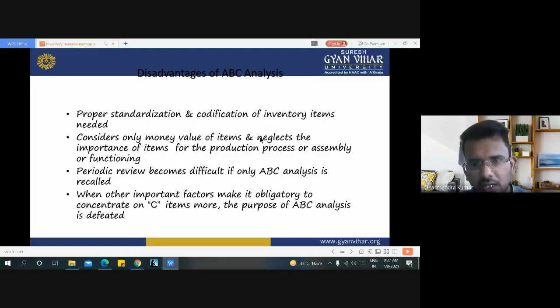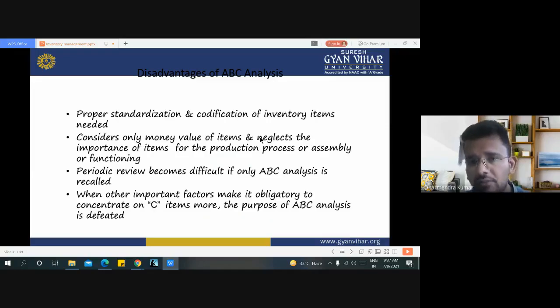Disadvantages of ABC analysis. Here are some various disadvantages of ABC analysis. Apart from those advantages, proper standardization and codification of inventory items is required.